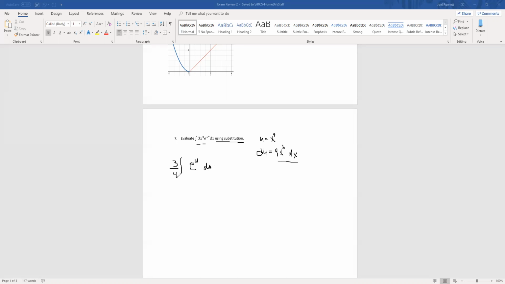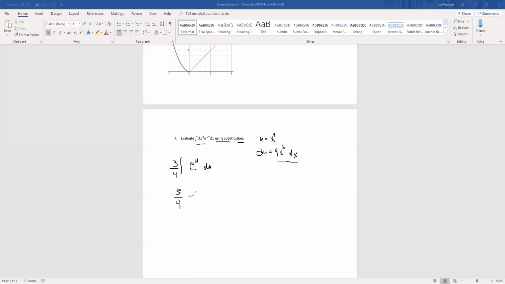Remember that? Because du would be 4x cubed dx, and I only had x cubed dx, so I'd have to put the 4 in there to create my du, but then divide by 4 to balance it back out. And then we're basically done at this point because the integral of e to the u du is just e to the u.